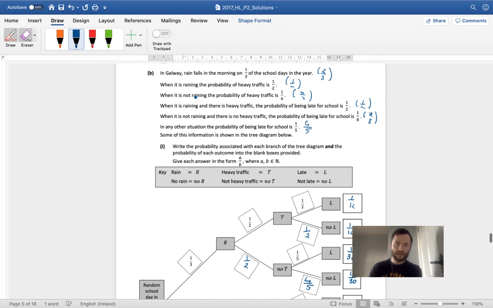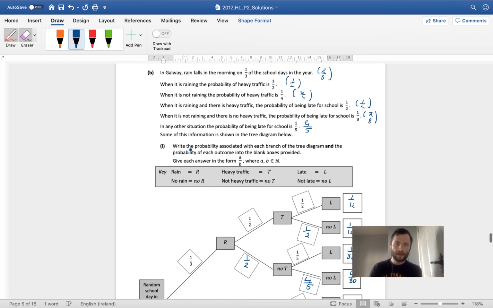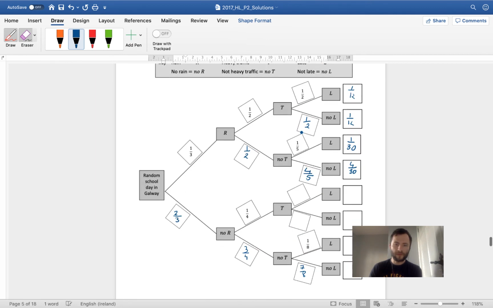When it's not raining, the probability of heavy traffic is 1/4. We have that. And in any other situation, the probability of being late to school is 1/5. So this is the any other situation, 1/5. That's the probability of being late, and 4/5 the probability of not being late.